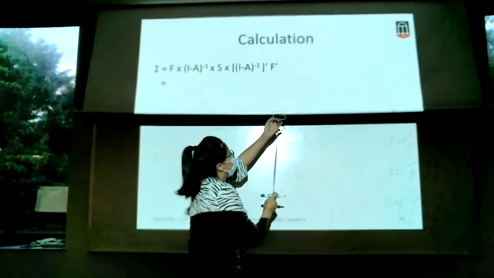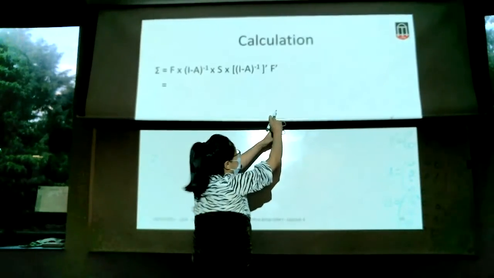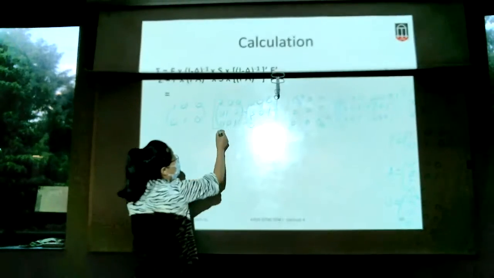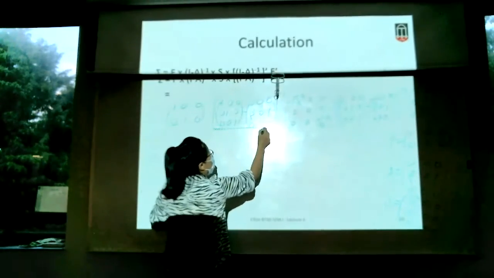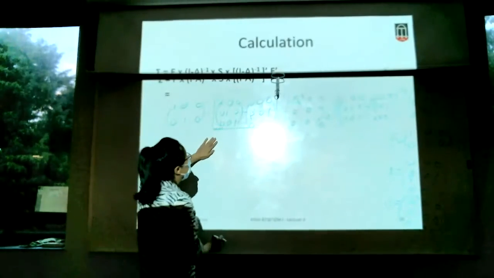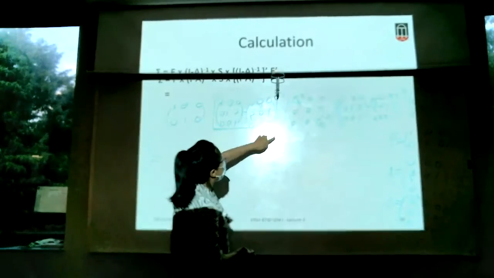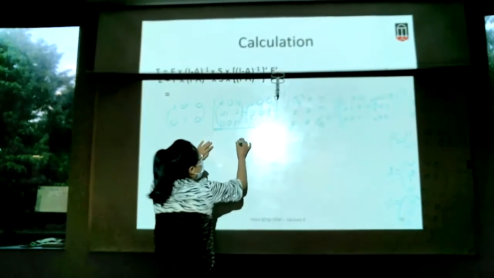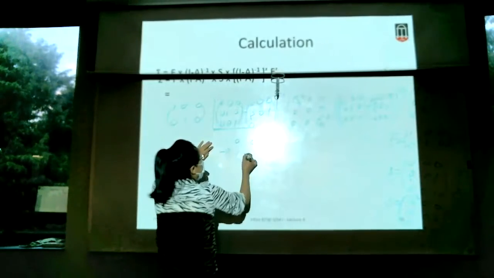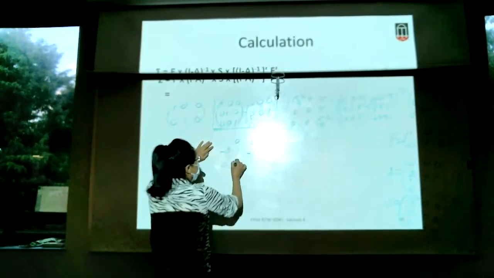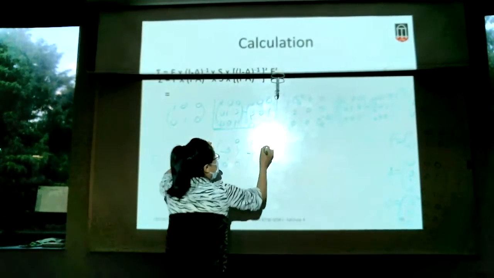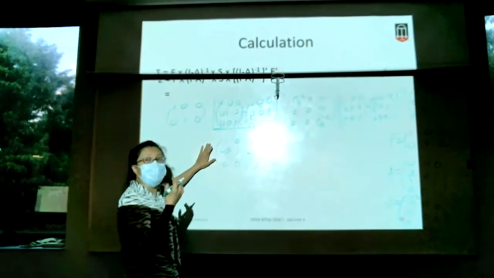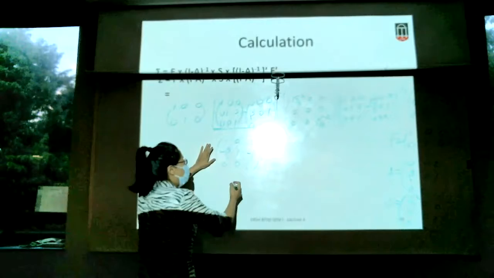The first step is to figure out the difference between these two: the identity matrix with 1, 1, 1 on the diagonal, minus A with the entries here. And the inverse. It's not easy to get the inverse of a 3 by 3 matrix, but I will tell you the answer here.